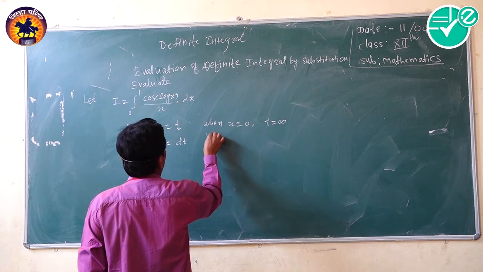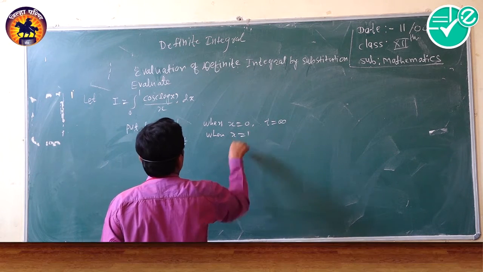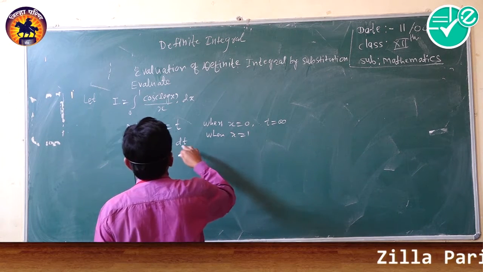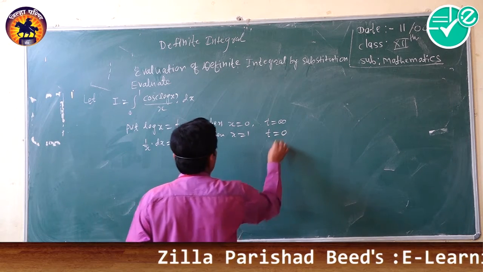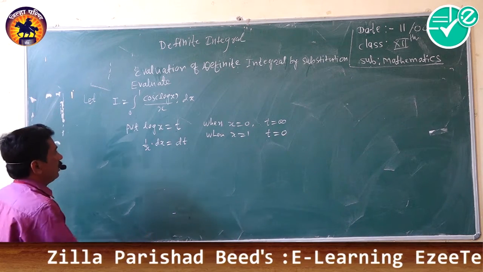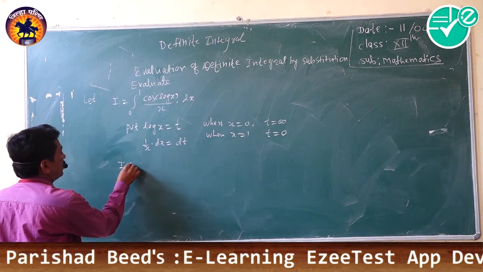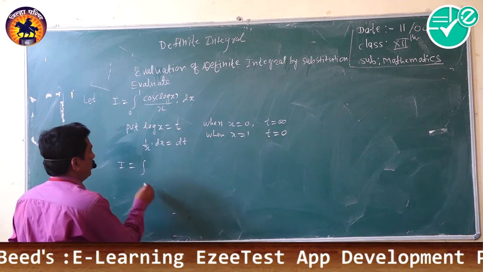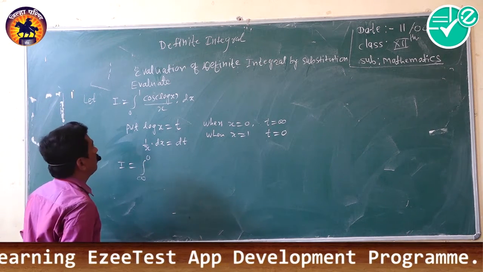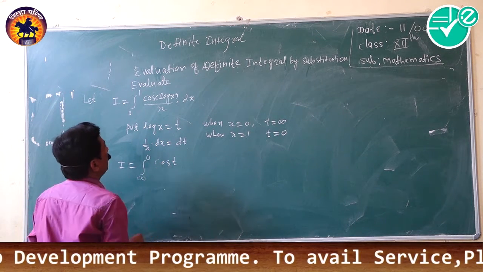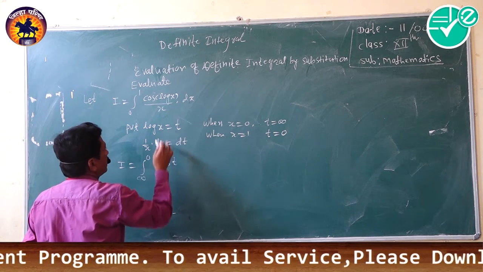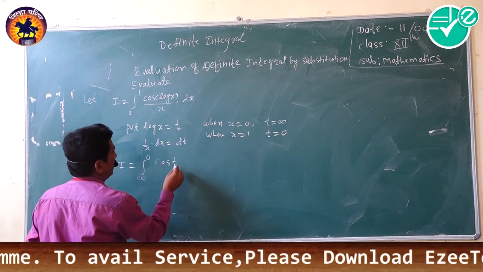And when x is equals to 1, then log of 1 is 0. Therefore, I becomes integration from infinity to 0 cos t. Now dx by x, for this we can write dt.